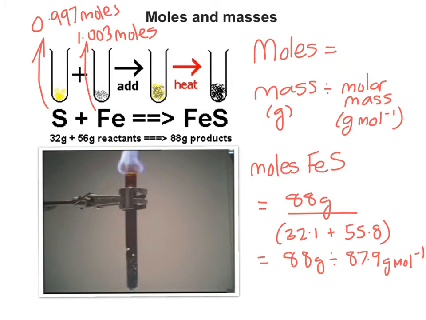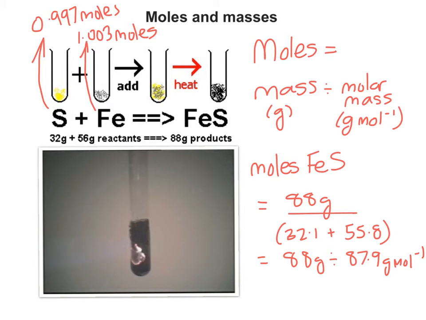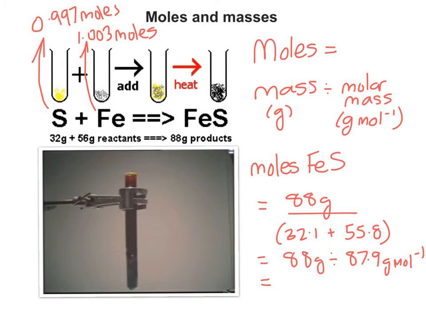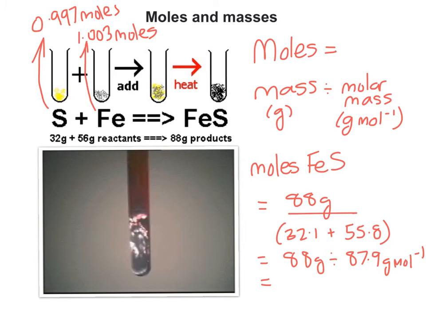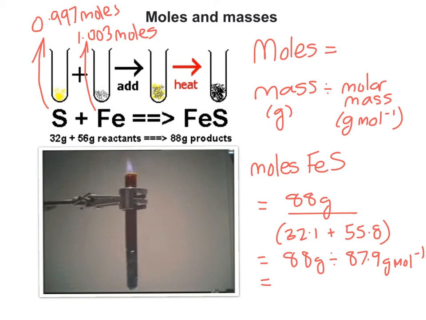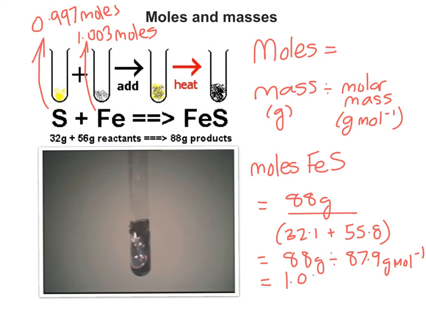That's the molar mass of iron sulfide. I've added up the individual atoms. So the final calculation, 88 divided by 87.9, that gives me 1.001 moles.